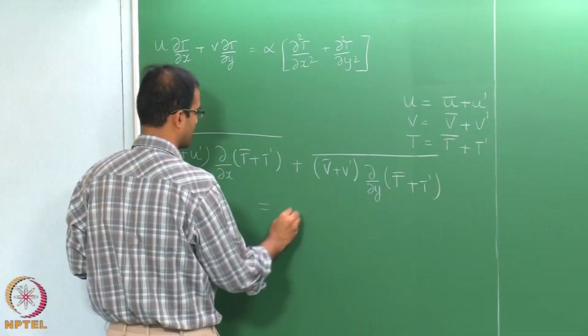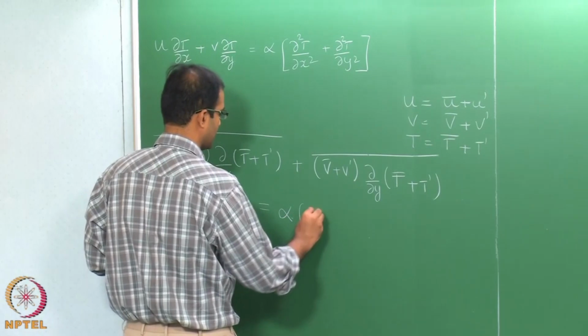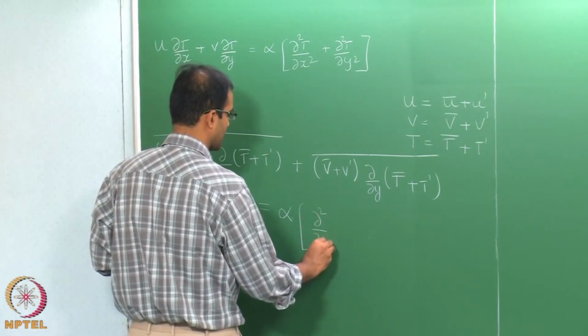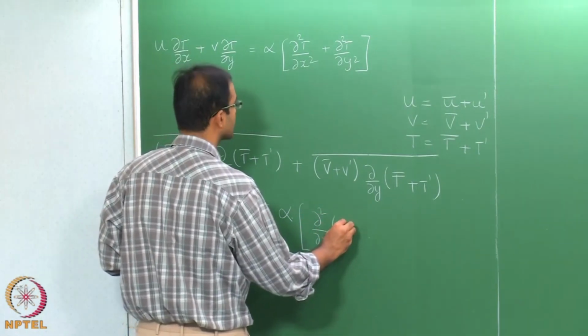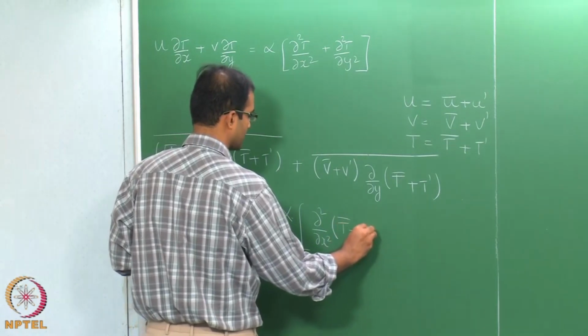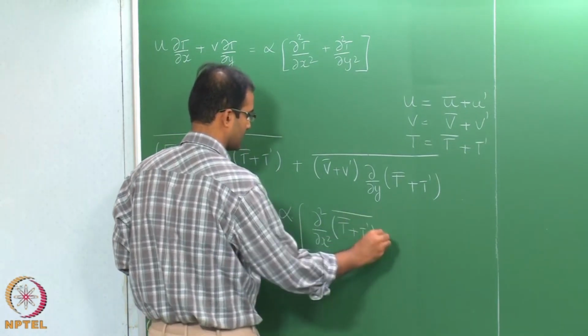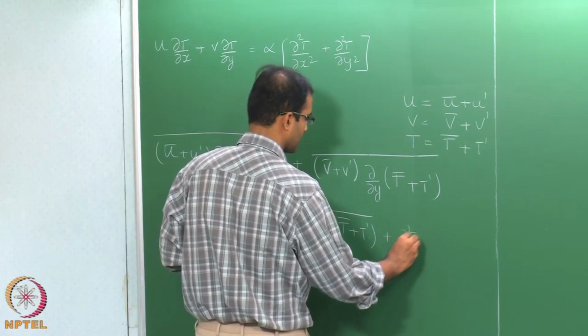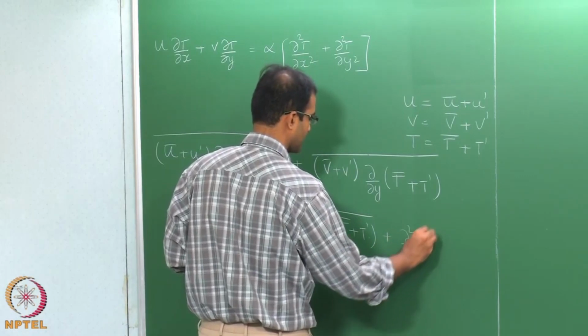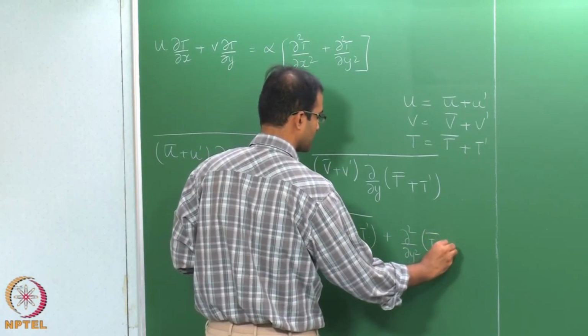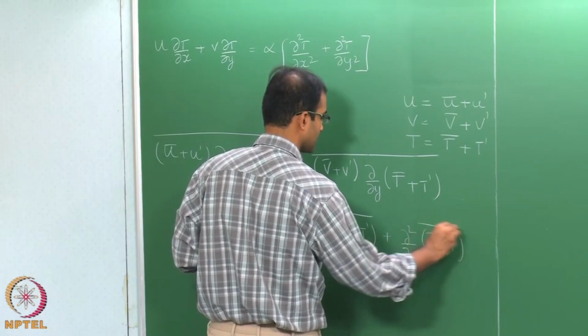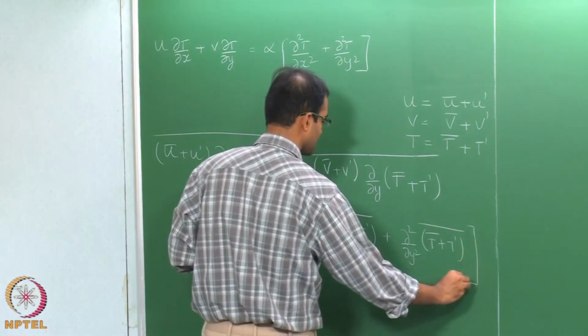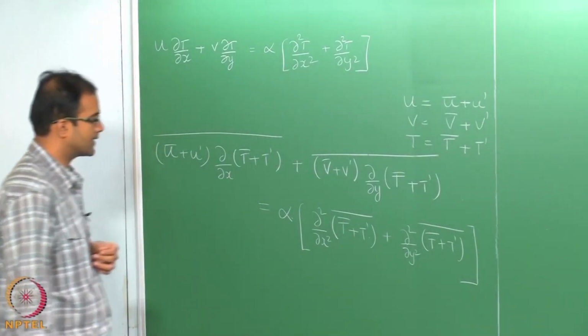On the right hand side you have alpha d²/dx². The right hand side is easy.